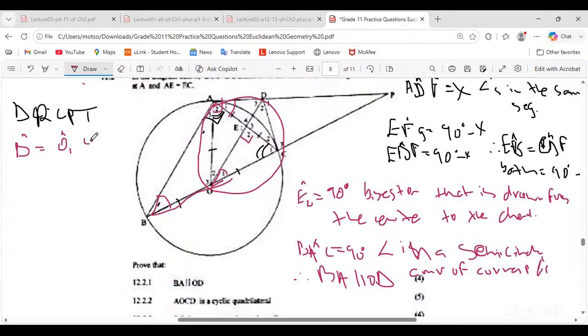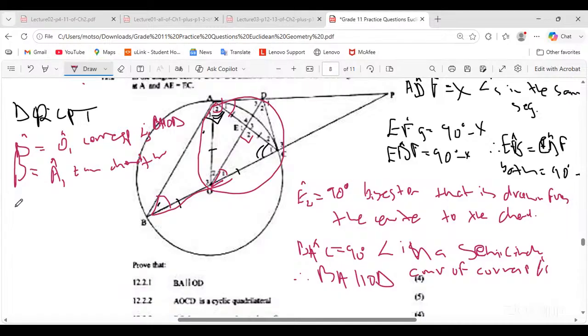That is the corresponding angles. Corresponding angles are always equal. Why? Because BA is parallel to OD, right? Yes. Now, angle B is equal to angle A1. That is the theorem, right?